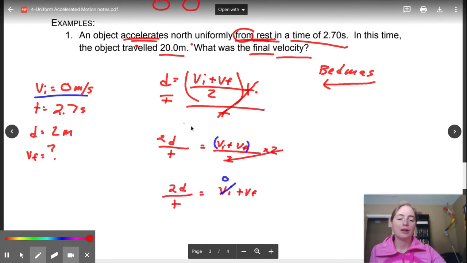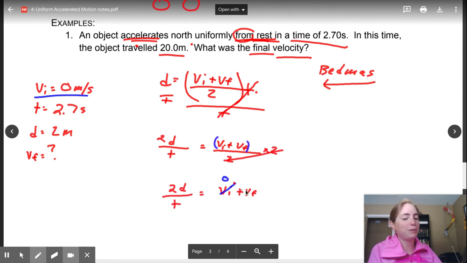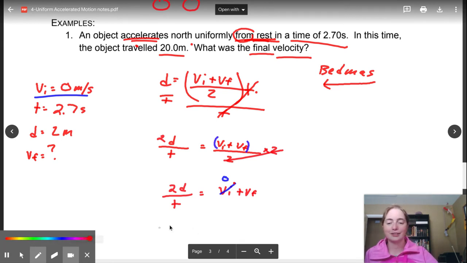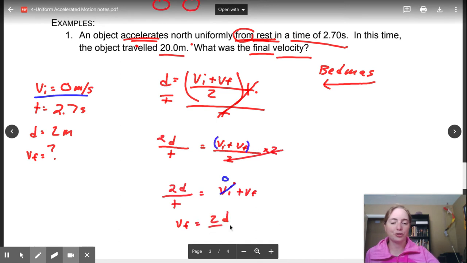Now remember, 0 plus VF is VF. When you're dealing with 0, be careful with your operations. 0 plus VF is VF, but 0 times VF is 0. So you've got to watch for that, okay? All right. So our VF now is going to equal 2D over time.